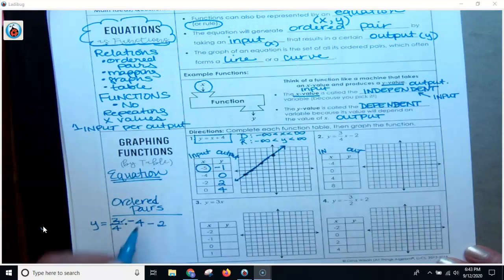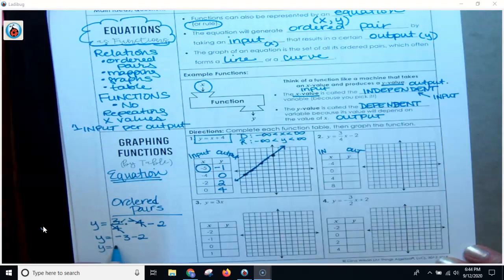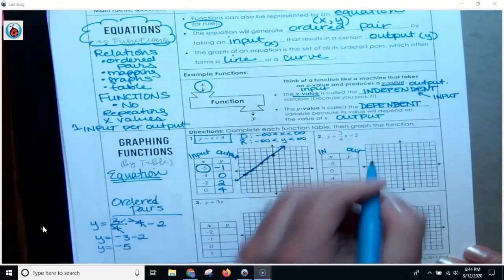The 4's cancel out, and I get y equals -3 minus 2, which gives me -5.